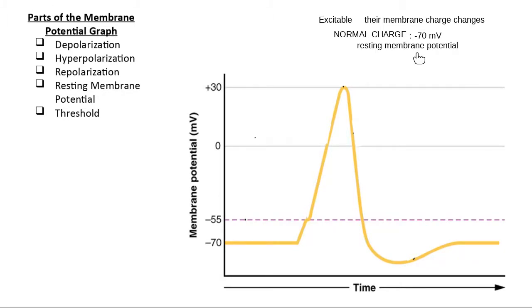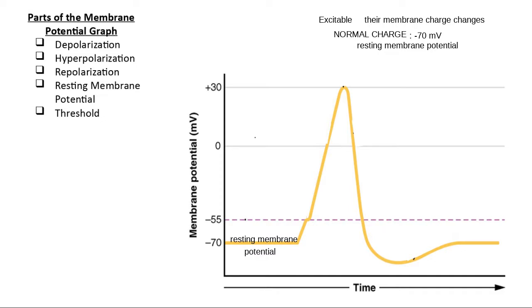This is what we call its resting membrane potential. So when a neuron is not receiving a message, when it's not talking to its neighbor and sending a message, a neuron's going to be at its resting membrane potential. On our graph of how the membrane changes its charge, at the beginning of the graph, where we're down here at -70, this is the part of my graph that represents resting membrane potential.